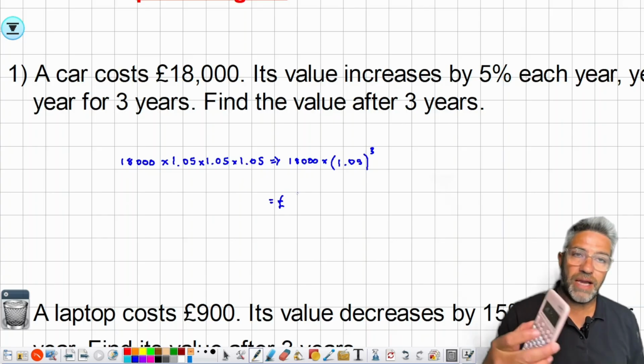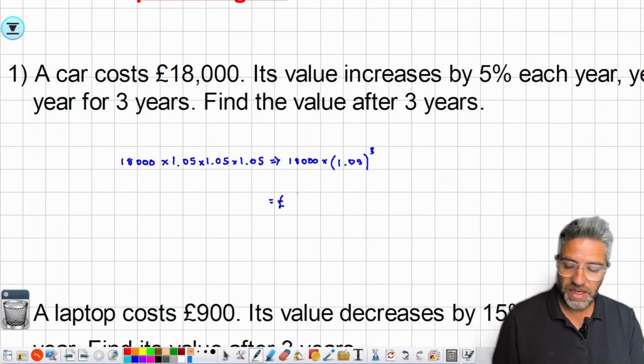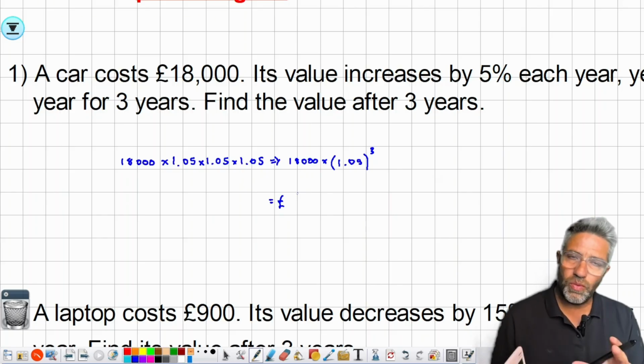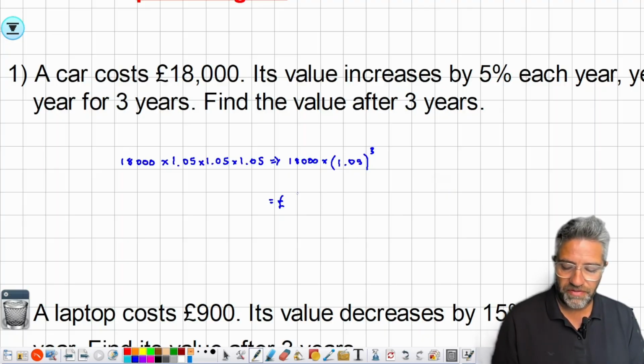is to get your scientific calculator at the ready and start typing away. And I always recommend getting familiar with your scientific calculator long before the day of any exams, because they all work slightly differently. But in my case, I'm going to start typing 18,000 times, in brackets, 1.05 close brackets, to the power 3.